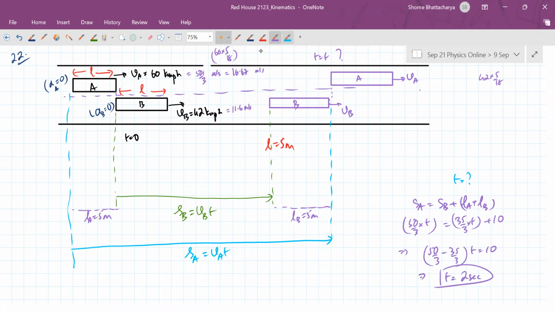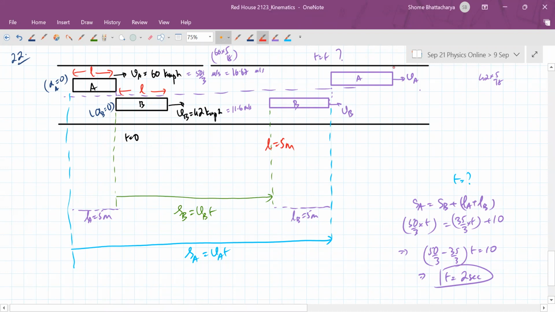Okay, so that's simple. Now, what about the road length? We can do it by relative velocity also, but I'm avoiding the relative velocity concept because I haven't taught that yet. But the time will still be 2 seconds, because in the relative motion also you'll see that the displacement will have to be 10 meters, not 5 meters, because it's crossing it completely.